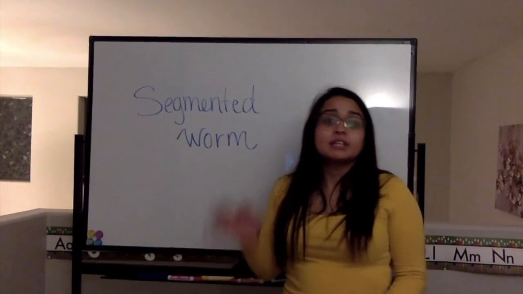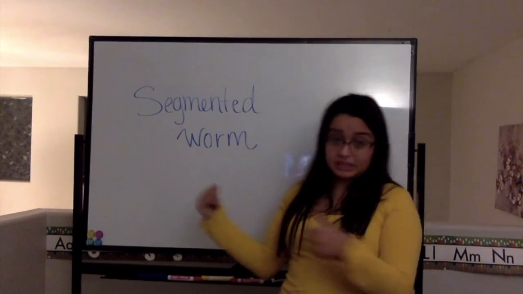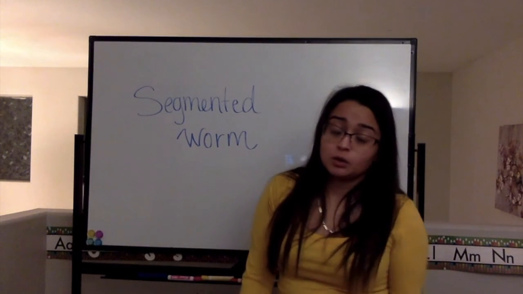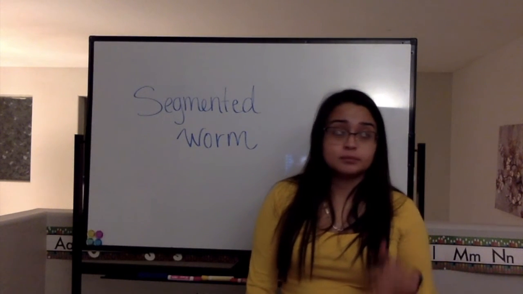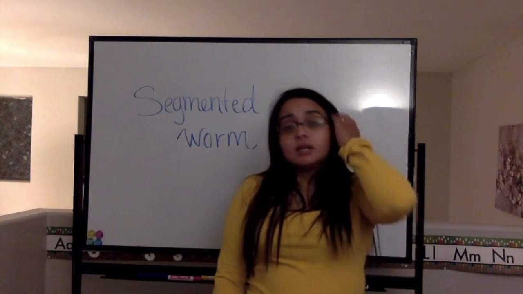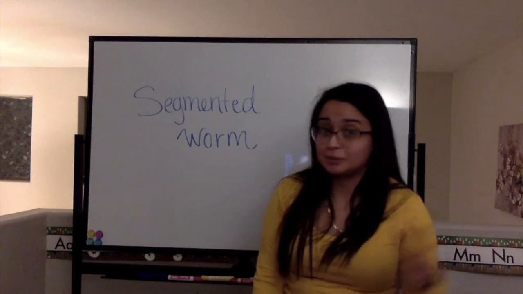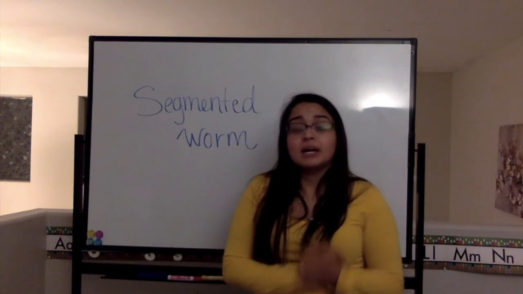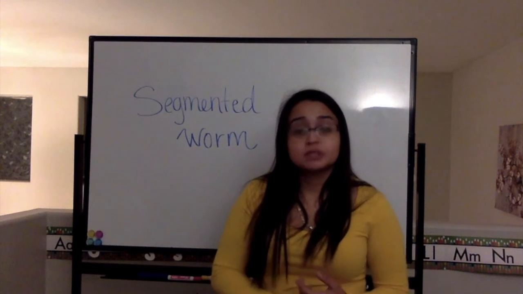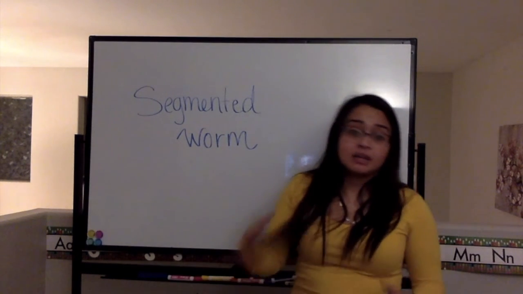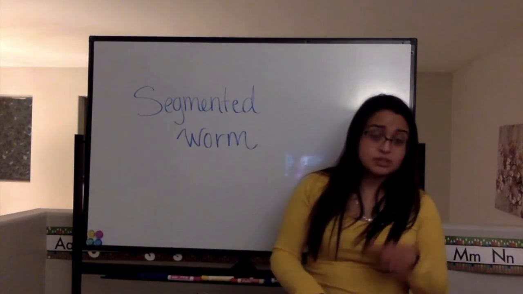Now, reproduction of a segmented worm is actually sexual, like our roundworms, but it doesn't need to go through the whole process like roundworms do, or parasites specifically. So actually, segmented worms do reproduce sexually. They have the male and female sex cells, and that is how they reproduce in the earth.